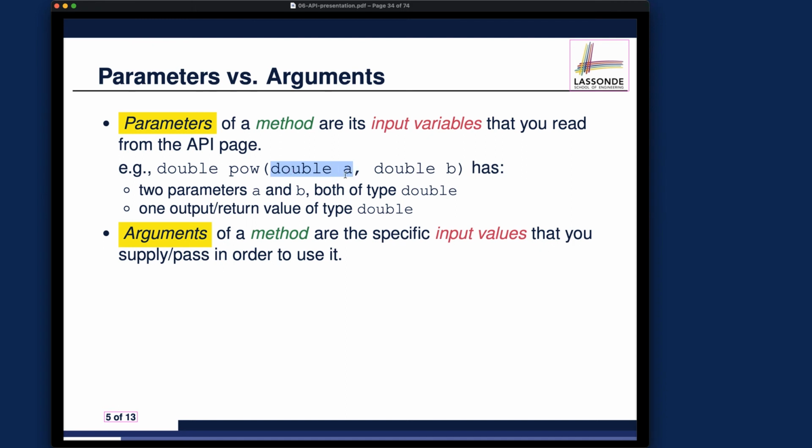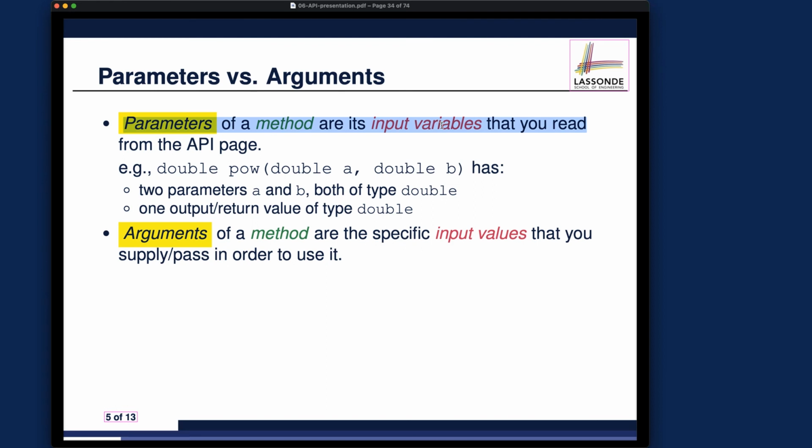The first argument should be compatible with the type of the first parameter, which is double. And the second argument value should be any value that is compatible with the type of the second parameter, right? So the distinction between parameters versus arguments, we also spoke about when we spoke about OO in the previous lecture. You can also review that. All right, so it's going to be the input values. You can see it's really values versus variables, right?